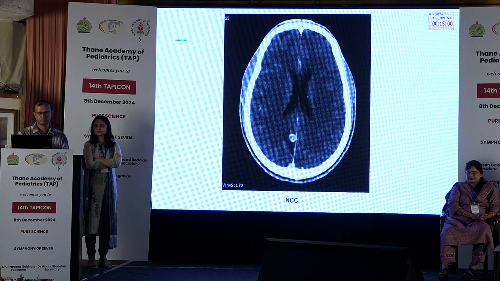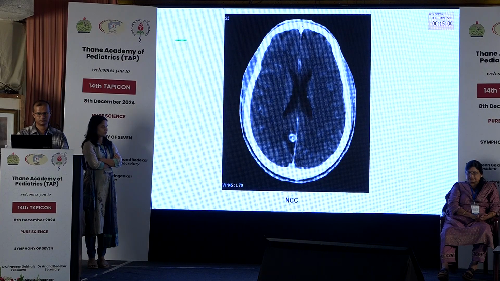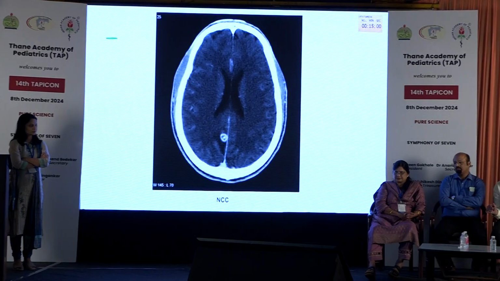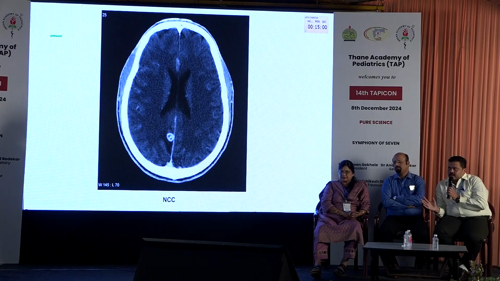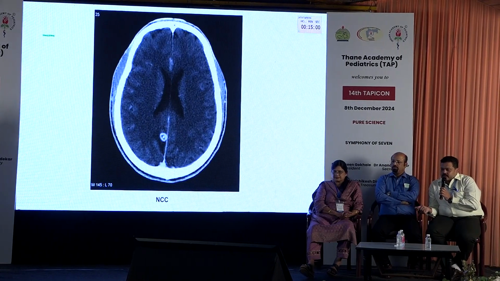What we are seeing over here is a bright dot at the center, or usually they are eccentric, away from the center. That is a scolex, and we have a ring enhancing lesion like picture with a central darkness on T1. This inverts on T2. T2 becomes bright and the dot becomes dark. So that is how we are going to think of neurocysticercosis.